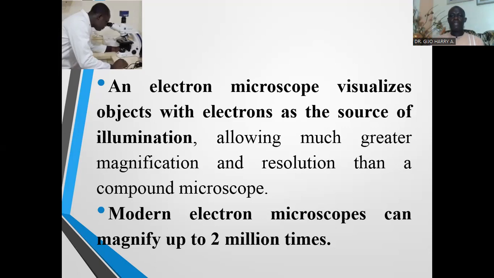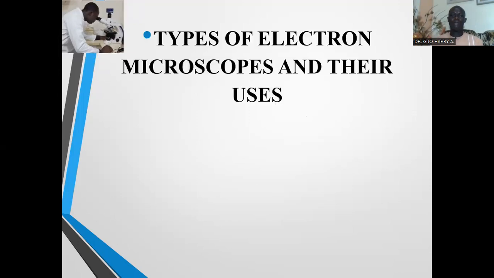It allows much greater magnification and resolution than a compound microscope. Modern electron microscopes can magnify up to 2 million times, which is far more than that of the compound light microscope.